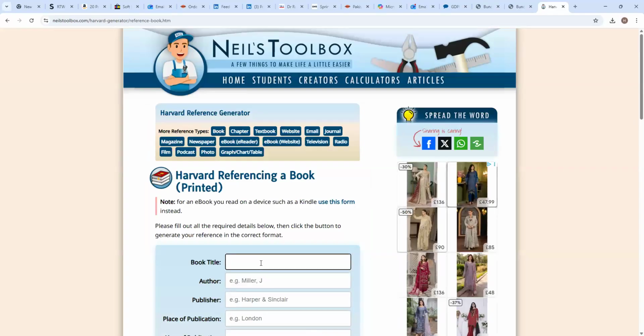So if we put in the book title, maybe working in a team, and then the author, we'll put Smith J, and then the publisher, Peacock, and then Oxford, maybe, as where it was published.